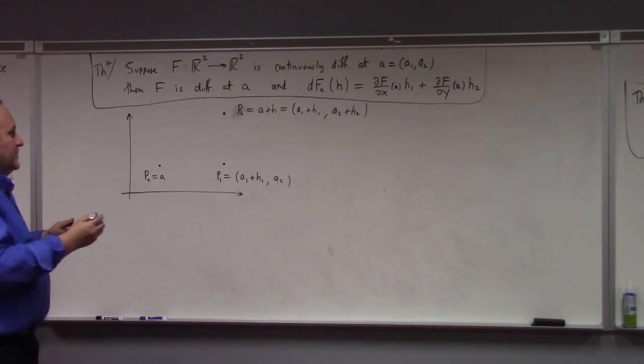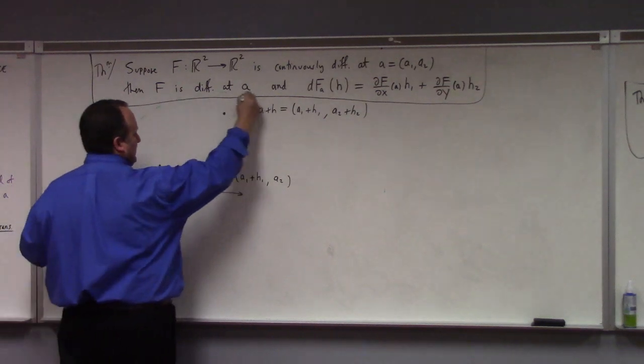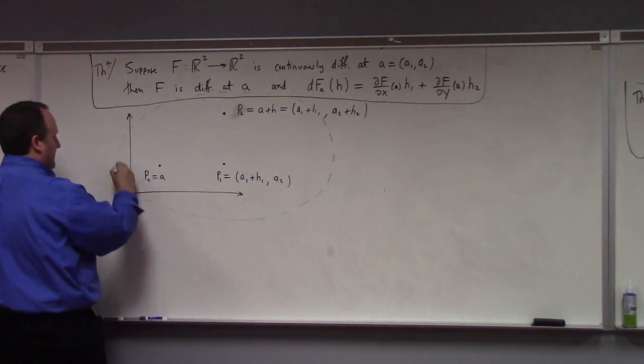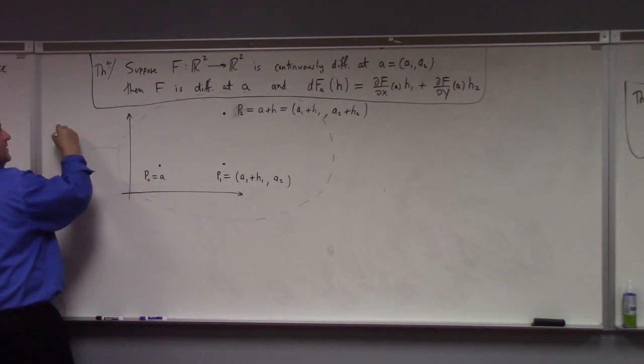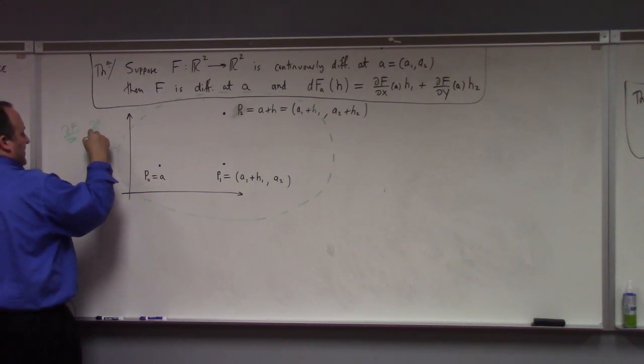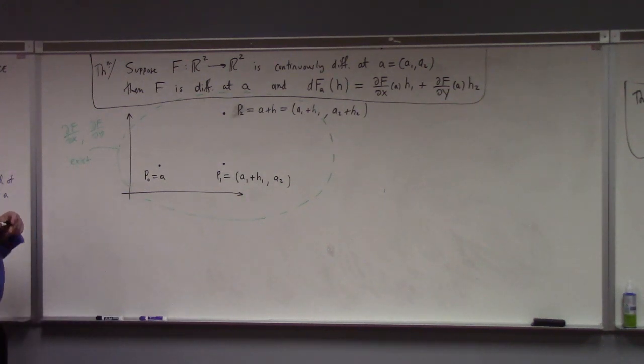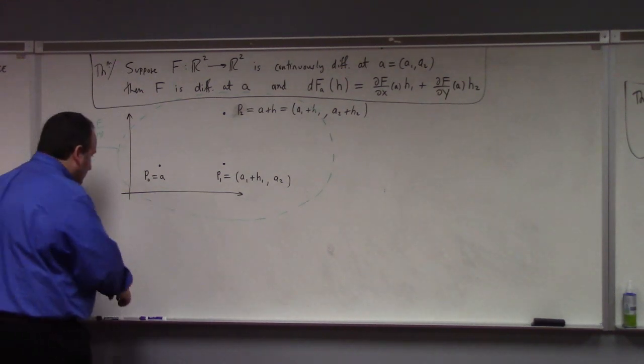So let's assume that h is small enough that inside this, the partial f partial x and partial f partial y exist. So we're working in the context where the partial derivatives exist. And more than that, they're continuous at A. If they're continuous at A, they have to be continuous near A. That's true.